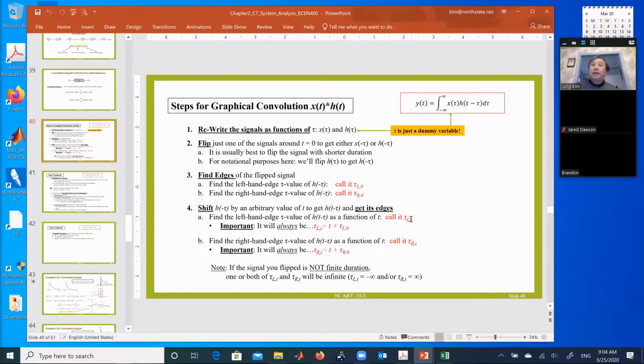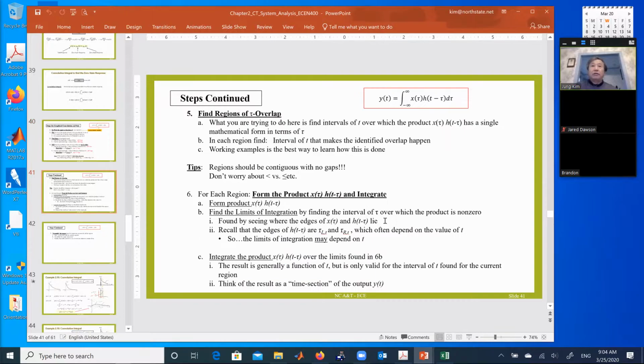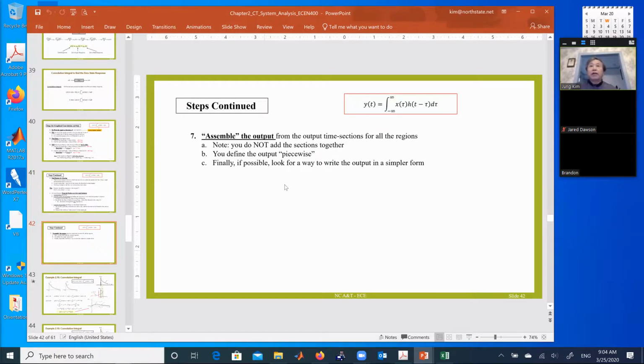So in the tau domain, t is a constant. Now find the overlap area, which is the integration range in the tau domain. Inside the overlap area, multiply together and integrate the product. Okay, so that's basically the concept of the convolution process.